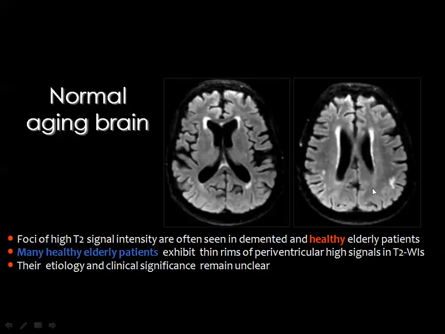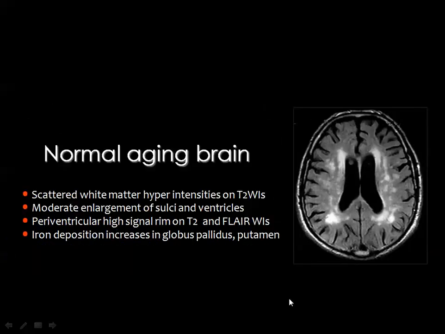And most of these lesions will not show diffusion restriction. They are not surrounded by edema and usually exert no mass effect. Also, you can see that there is a rim of high signal intensity in the FLAIR images particularly, and this is also considered a normal finding or normal brain aging.